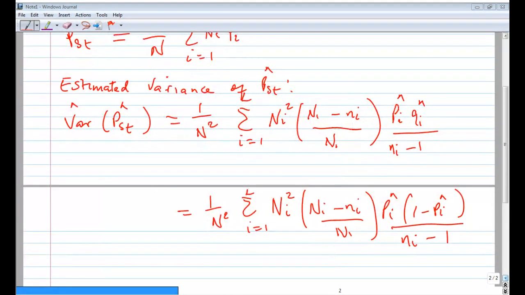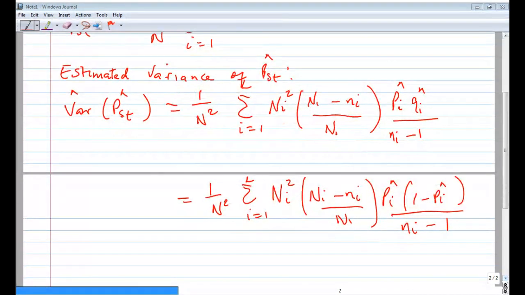Another thing is to show you how to calculate the sample size required to estimate the population proportion with a bound on the error of estimation under stratified random sampling. How do you do that?